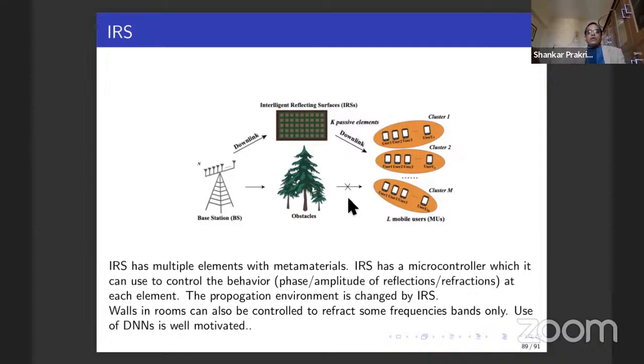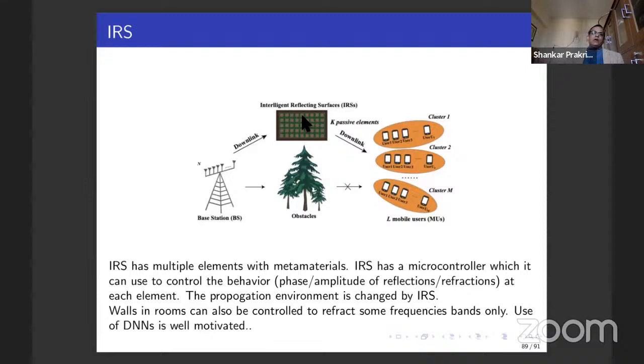DNNs are very useful here, because controlling the phases intelligently to transmit to the maximum number of users definitely would require DNNs. Similarly, you have walls of various rooms. Suppose you have a building in which the various walls are controlled by these metamaterials. Then the propagation environment can be controlled. You can ensure that one particular wall will transmit a certain frequency band, but not the other frequency band.